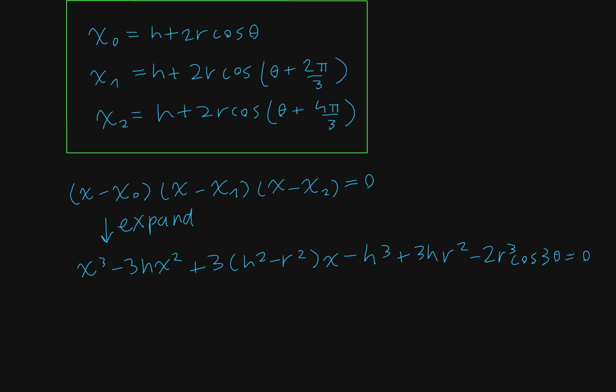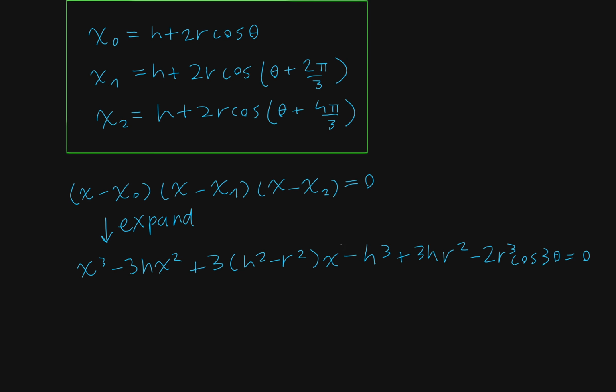Now, this is quite a thick equation. Normally here we would compare coefficients and then solve from there. You can go one by one: you get h by itself, then r by itself, and then you solve for theta at the end. But this is hard to remember.